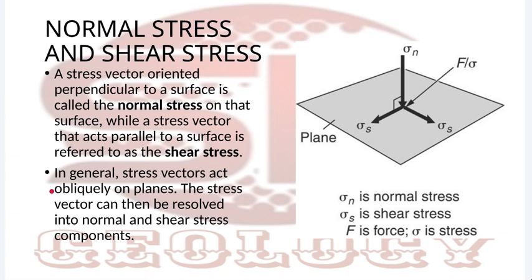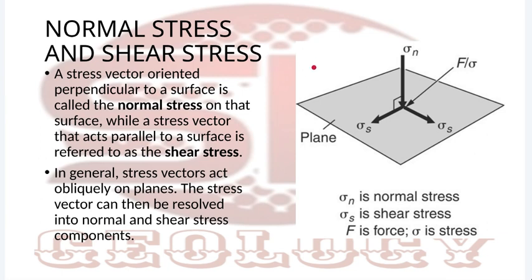Also, stress can be of two types: normal stress and shear stress. Any stress applied inclinedly on a plane on a rock body will resolve into three components. When we normally apply a force inclinedly, it will resolve into two components.